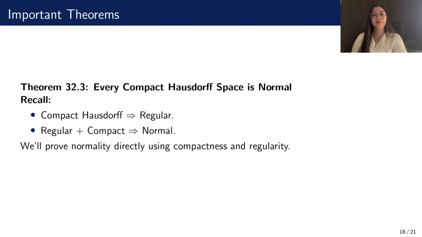Theorem 32.3: every compact Hausdorff space is normal. Let us recall that a compact Hausdorff space is regular, and regular plus compact implies that we have normal. So we will prove normality directly using compactness and regularity.